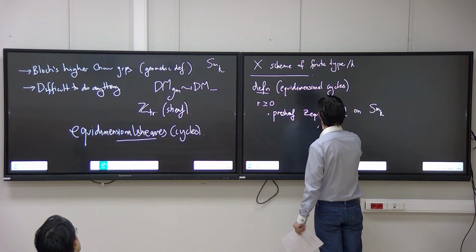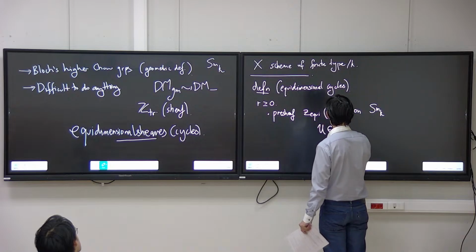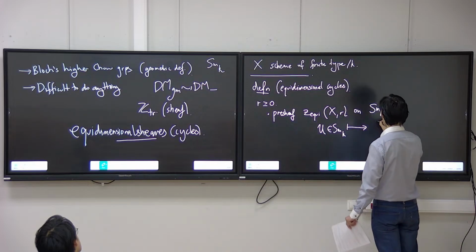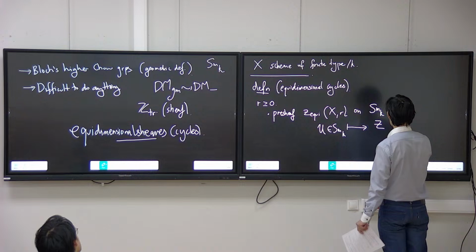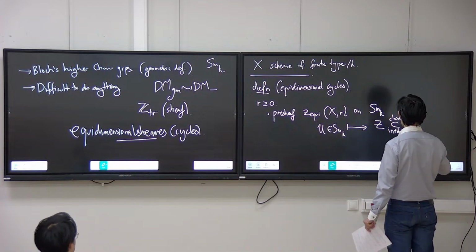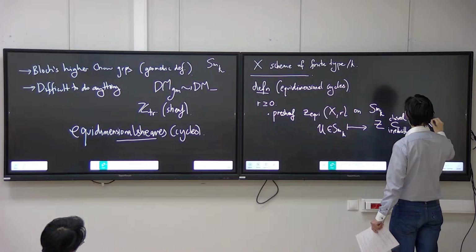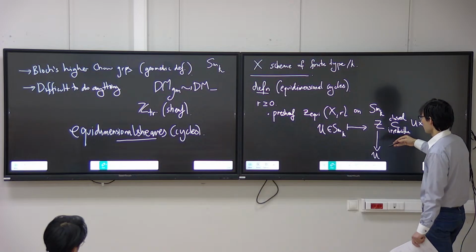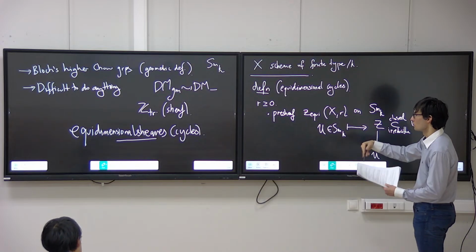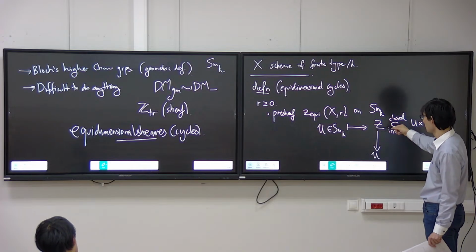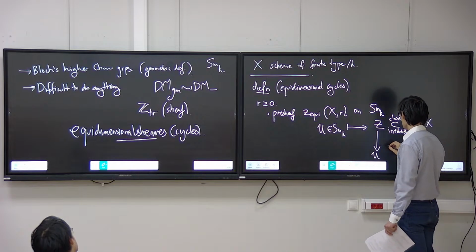So the definition is I take my U in smooth separated, and I need to output what it should be. What is a section of this? So this will be all closed irreducible, well, the usual thing, you want to have some kind of cycle in U times X, which over U, so the projection, previously, when considering the smooth story, we had a correspondence of finite type, a finite correspondence. But here, I want to just say the following.